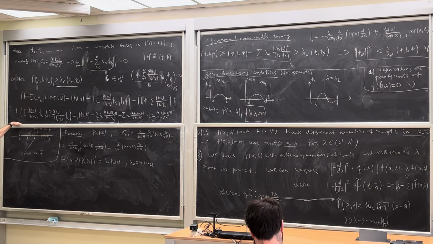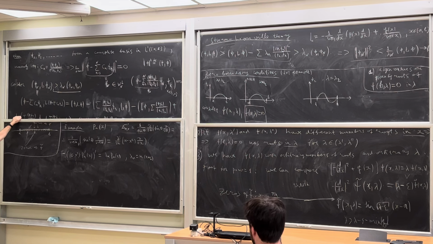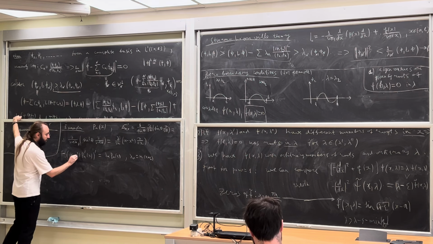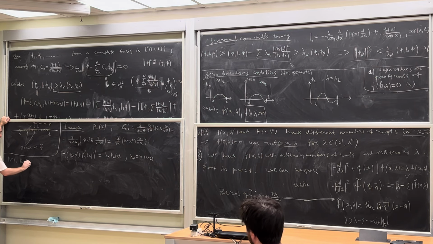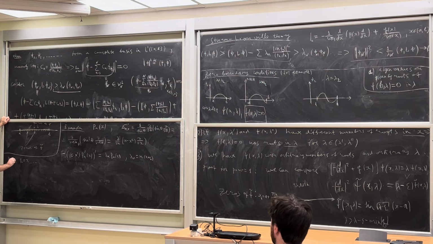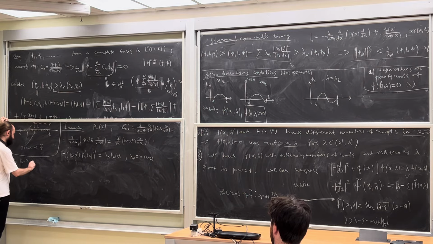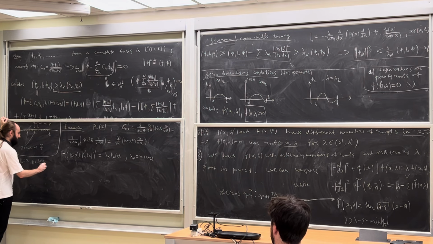So in particular, I have P0, P1, P1 equals x, and so on. P2 equals x squared minus 1 over 2, and so on.